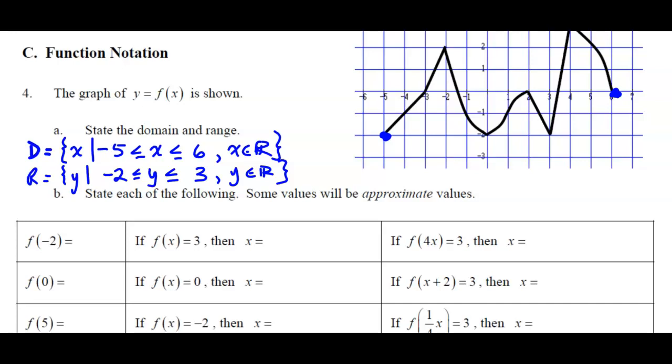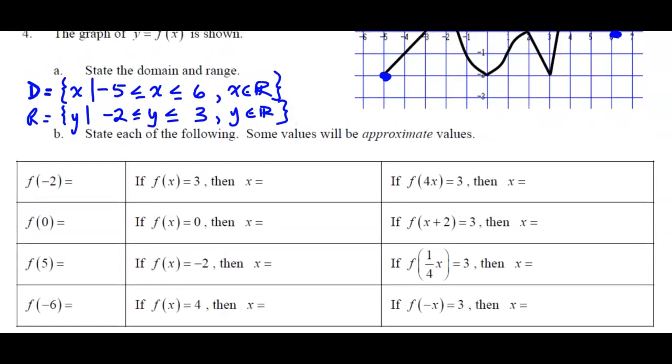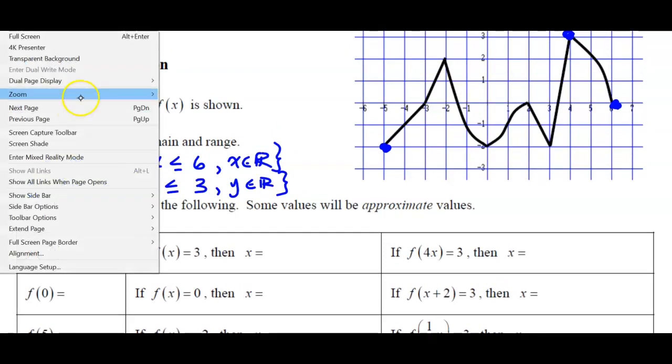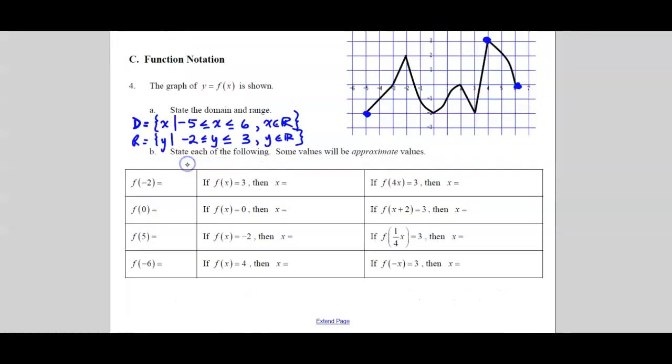Okay, so we're going to use the graph and our function notation to answer these questions. So let's go by column. So the first column. I'm actually going to just change the view here a little bit. So f of -2, that means when x is -2, what's y? I go up to that point, and it's +2. When x is 0, what's y?